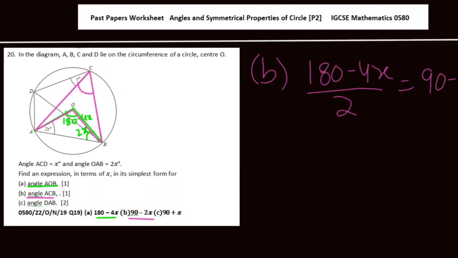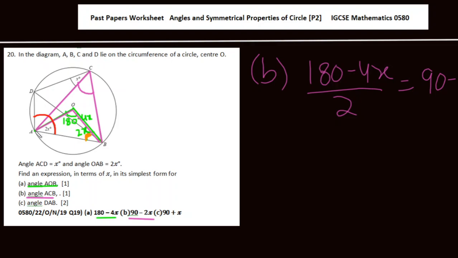In part C, we have to find angle DAB. So we need this whole angle. How do we get to that? Okay, so for this, I know that this angle right here would be equal to x.